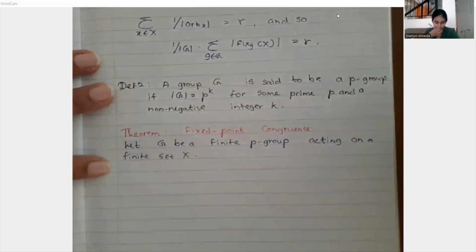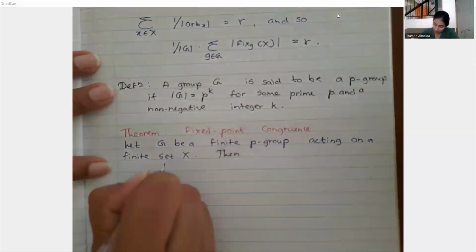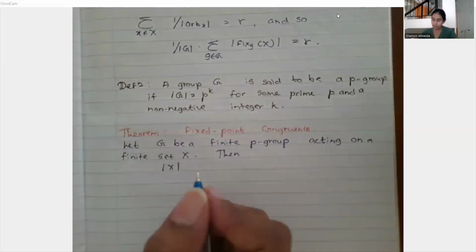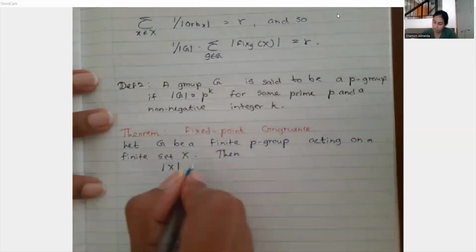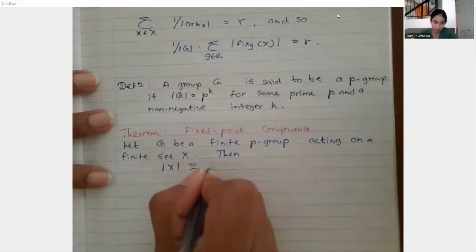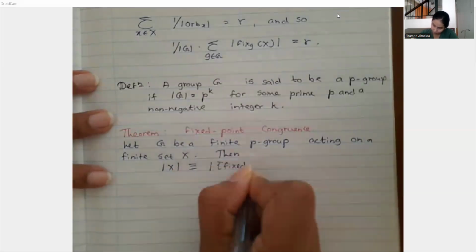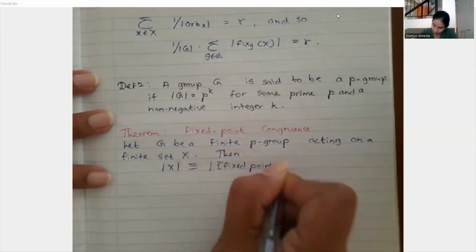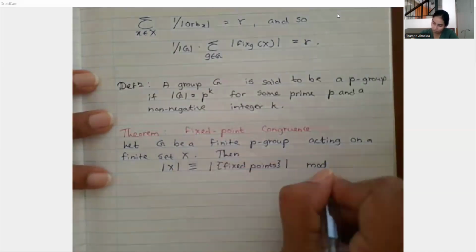Let G be a finite P group acting on a finite set X. Then the number of elements in X is congruent to the number of fixed points modulo P, which we simply write as mod P.